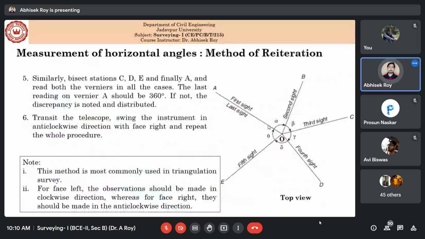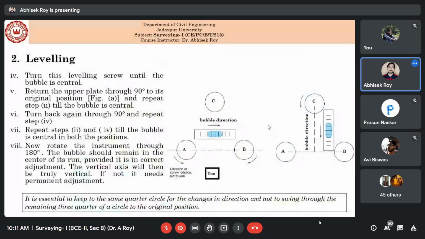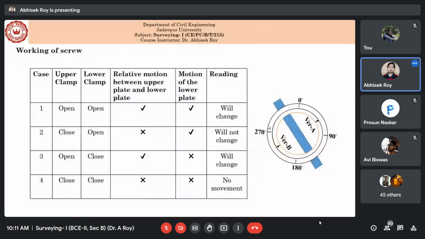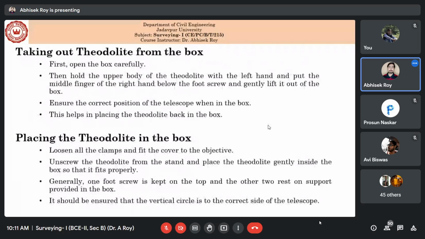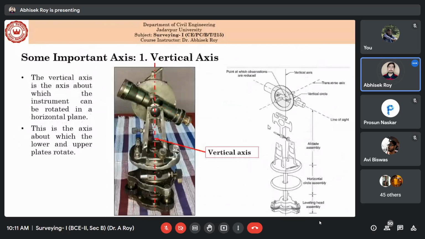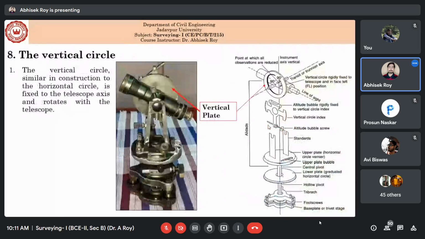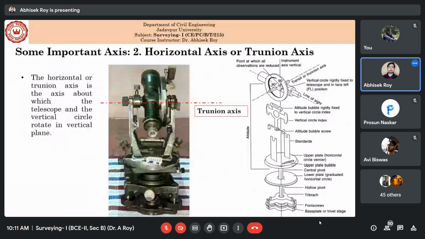If you go to the diagram from the very first few classes, you can see this will be the trunnion axis, the axis passing through this point and here, and this is your line of sight or line of collimation.